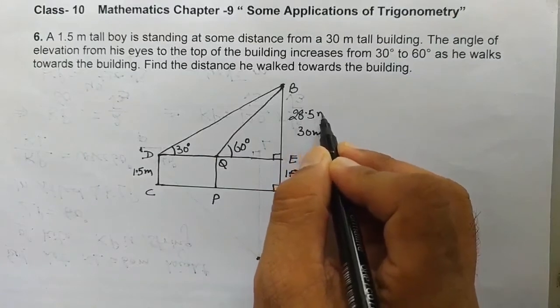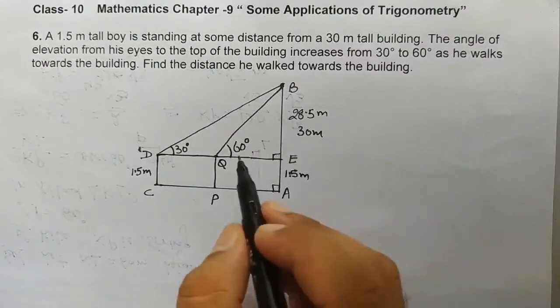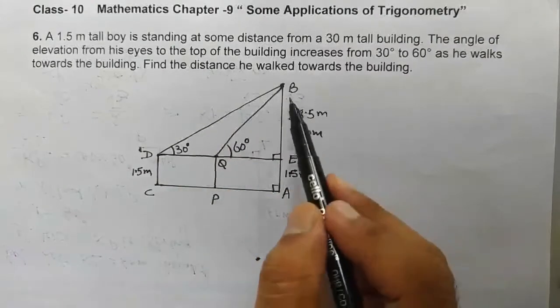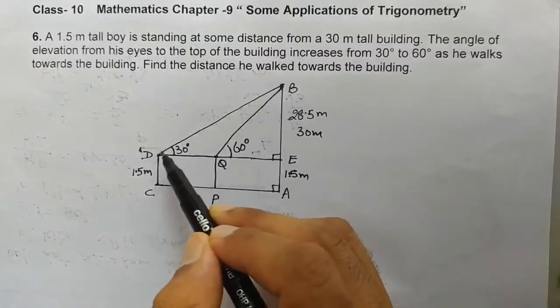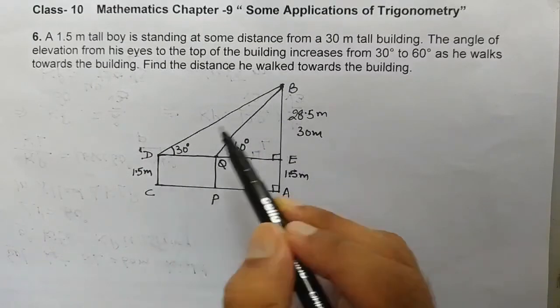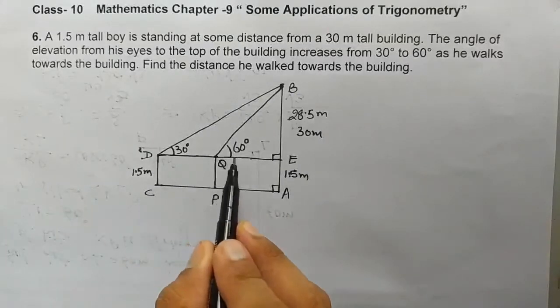BE is 28.5, right? Now see here, in the bigger right angle triangle BED, BE is given as 28.5, we can find out the value of DE.